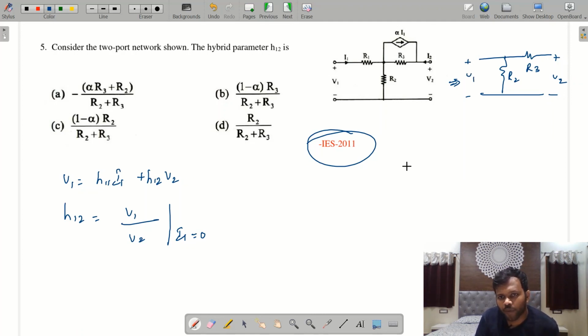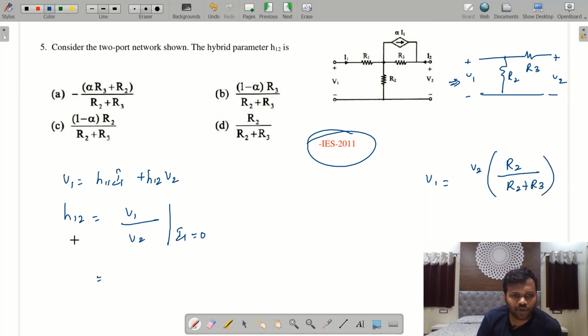From the circuit, V1 equal to total voltage V2 into its resistance R2 by the sum of the resistances R2 plus R3. H12 equal to V1 by V2 when I1 equal to 0, that is R2 divided by R2 plus R3. The only logic is that you have to redraw the circuit, then only you can solve it; otherwise it will be very difficult. So option D is the correct one.